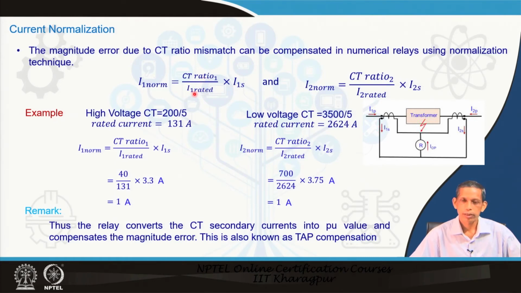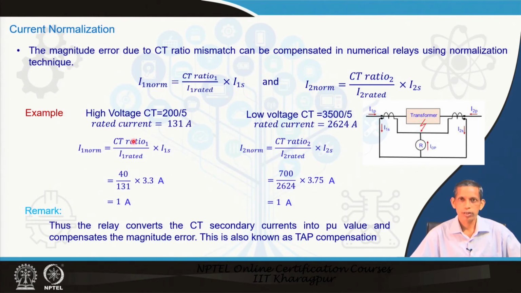So, the secondary current into the CT ratio gives the primary side current of the system, divided by the rated current. That is the normalized current on the high voltage or primary side. Similarly, on the secondary side we have I2s into the corresponding CT ratio divided by the rated current. So, this is about the normalized current.